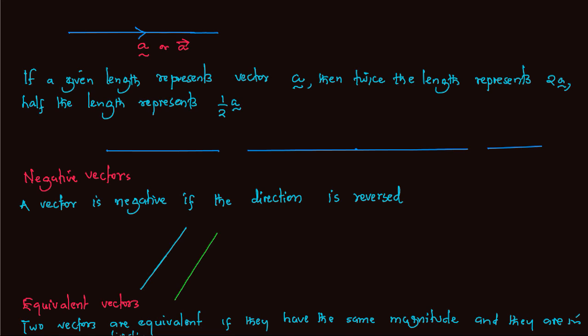So we draw a line and show that it is a vector by writing a and its vector notation to show that the line represents vector a.